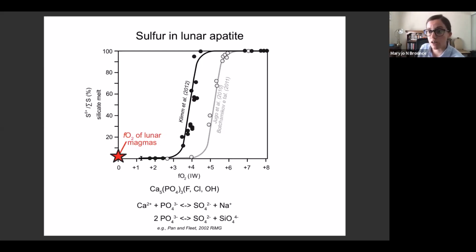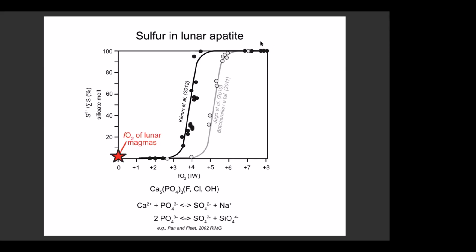And then the second important constraint is pressure, because sulfur is a very volatile element that when you take a basaltic liquid or any other major element liquid from, say, 100 bar total pressure to 1 bar total pressure, the solubility of sulfur, whether it's 2- or 6+ or whatever its major element composition is going to go down. So at 1 bar, you're going to have maybe 10 ppm sulfur dissolved in that liquid. But at 100 bar, you can have 1,000 ppm sulfur if it's reduced, and maybe a weight % if it's oxidized.